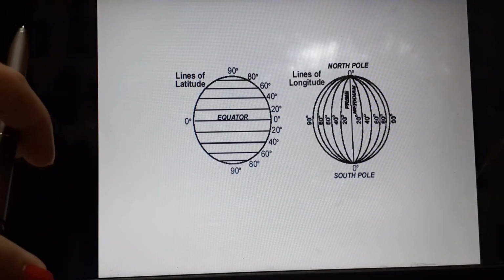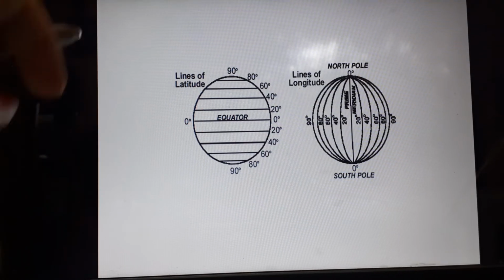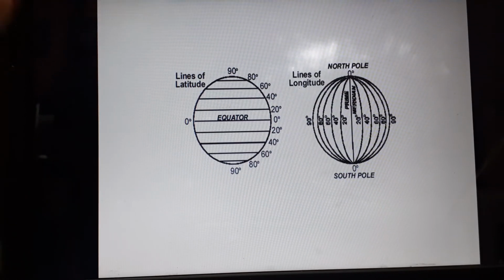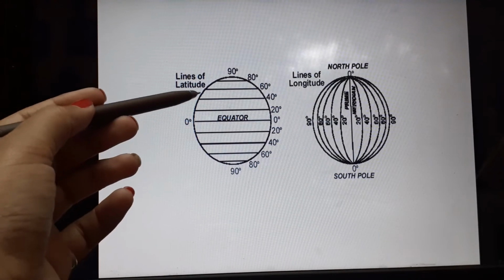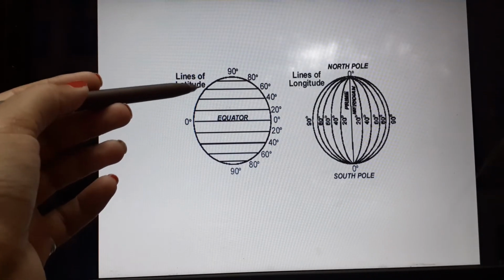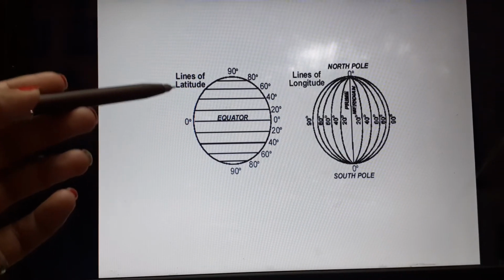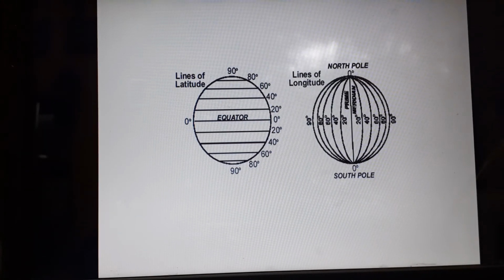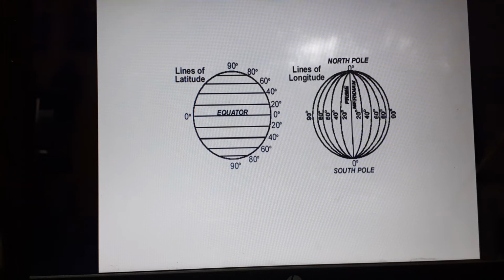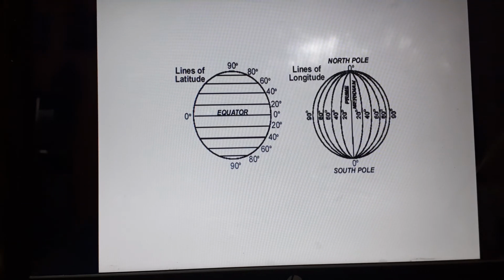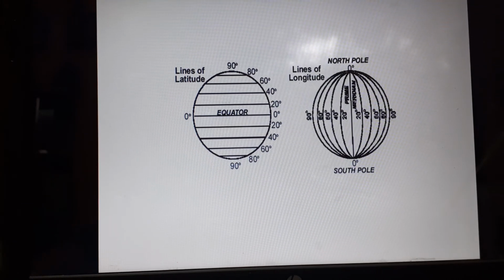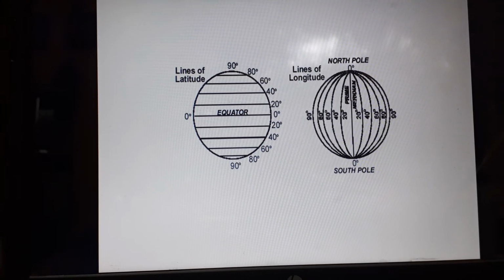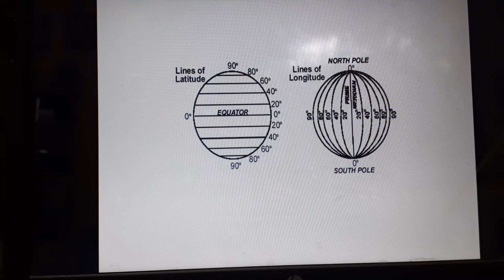One such set of lines to locate places on earth are latitudes. These are not lines, these are imaginary circles. As you have already studied in the lower classes about latitudes and longitudes, here is a quick review of this concept.